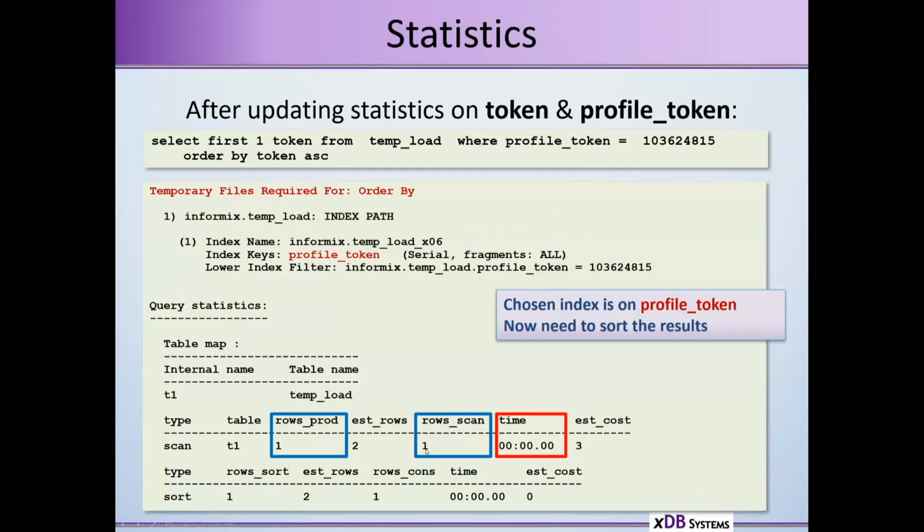It read one row and produced one row. Now we're seeing this extra line, temporary files required for order by. This is what I was initially expecting anyway. We're using the index on profile token, looking it up by the literal value, which finds the one row, and then it sorts the row, which again takes no time. When this query is being run hundreds of thousands of times, we are saving ourselves a lot of time.